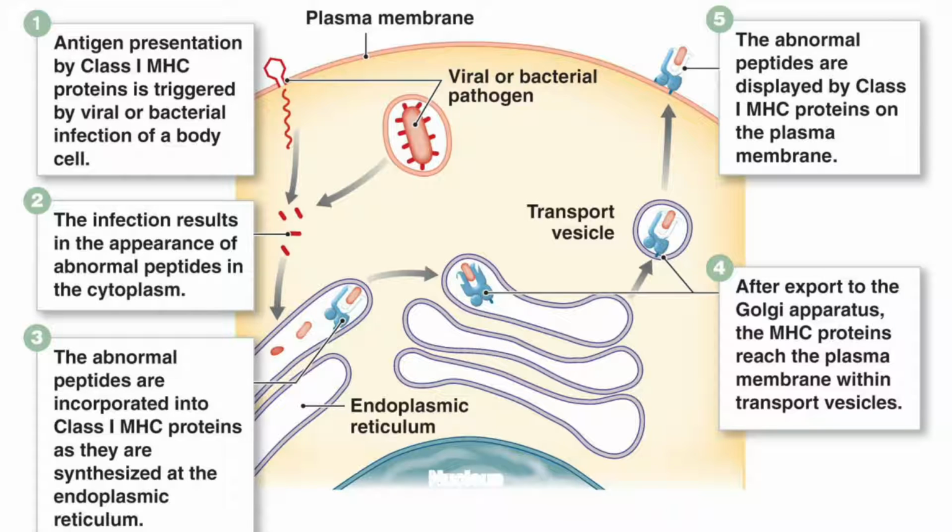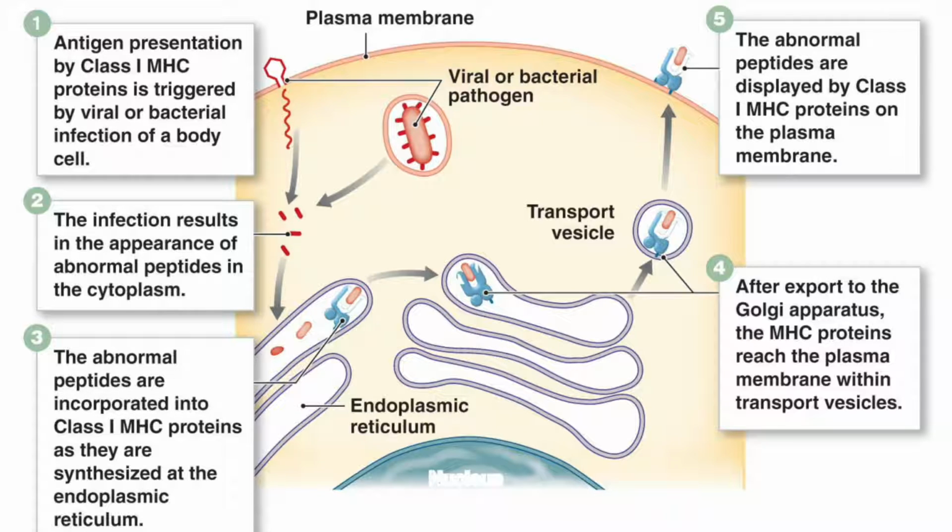So this shows generally how they're activated, or how they're exposed to the antigenic fragments. So we have what are called major histocompatibility complex proteins, or MHC proteins for short. This shows the MHC1 proteins. MHC1 proteins are present in all cells.